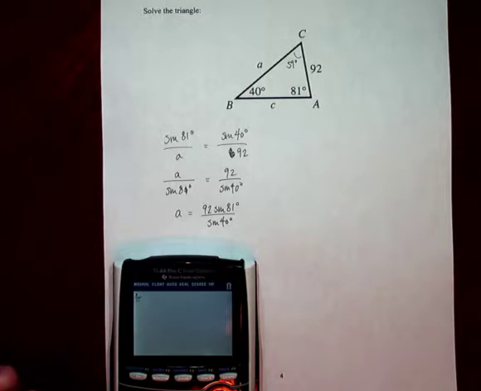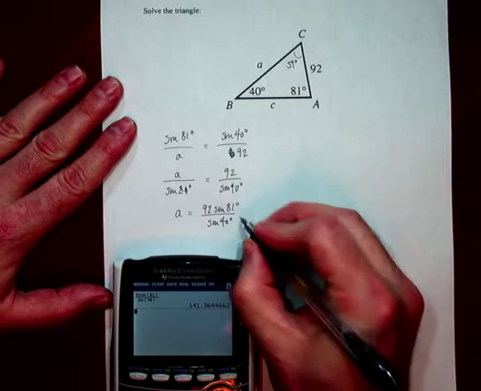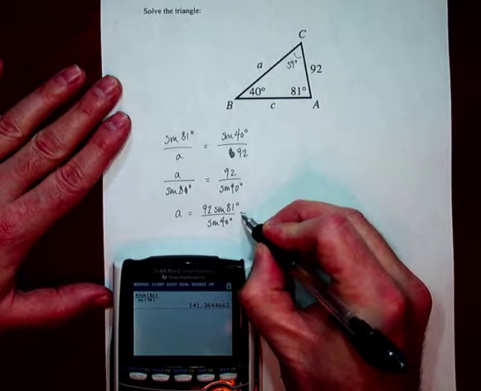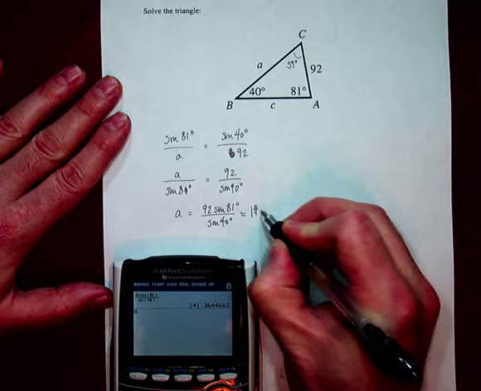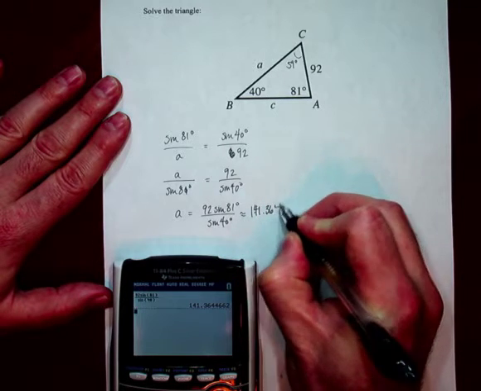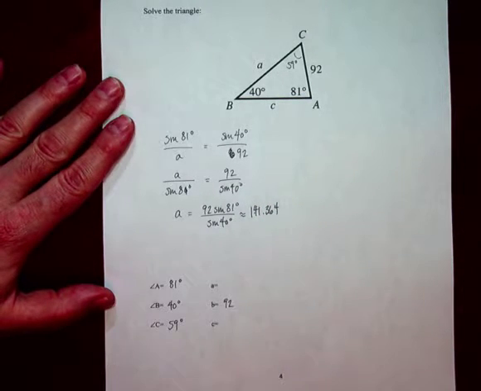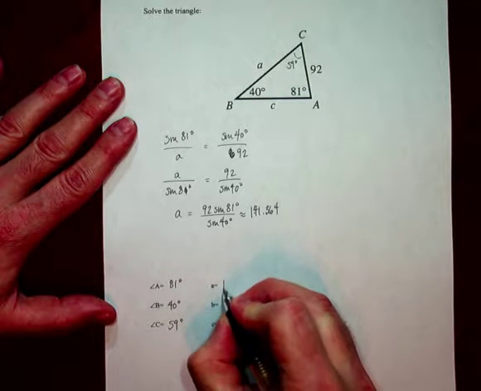We get 92 sine of 81 degrees over sine of 40 degrees, and what we get is 141.364. Remember, always to 3 decimal places.